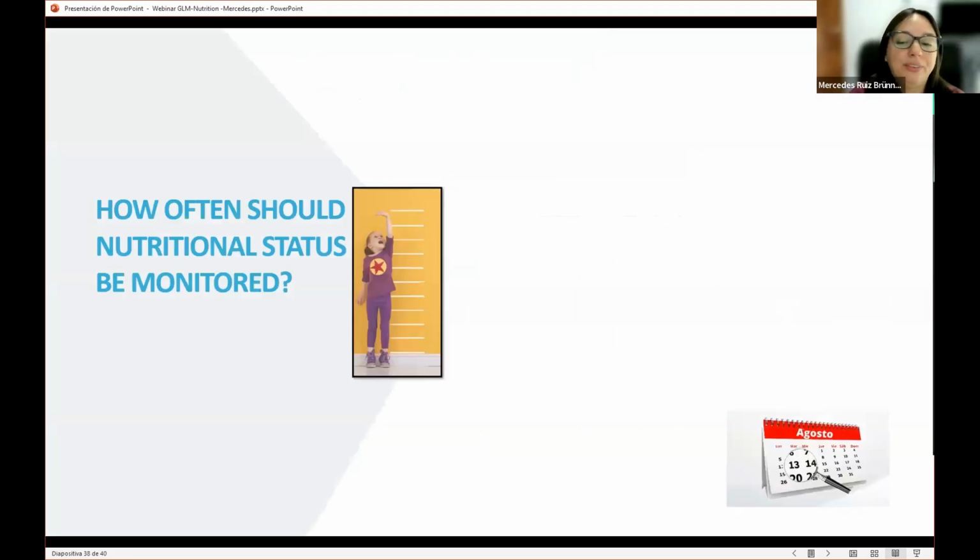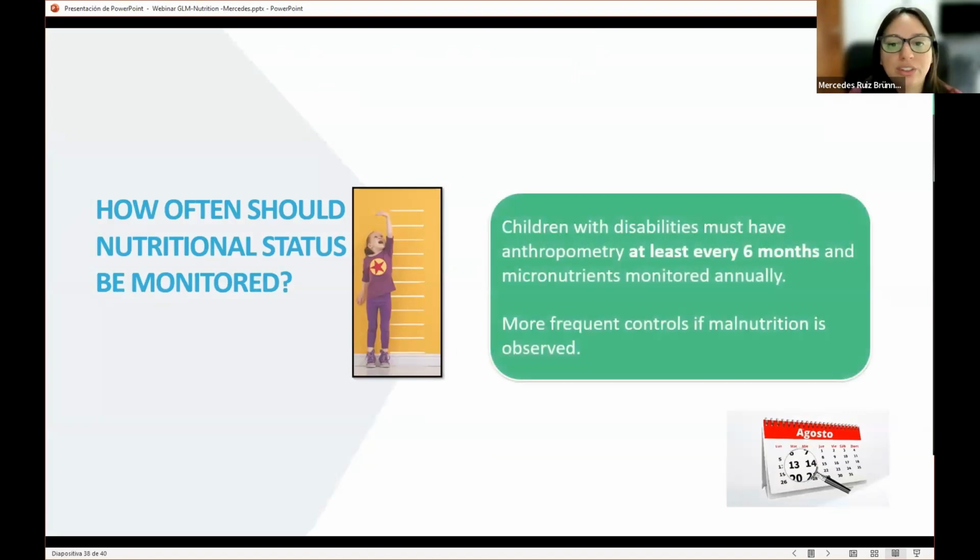And one of the last questions is, how often should nutritional status be monitored? In children with disability, this is from the ESPGHAN recommendation, they must have anthropometry measurements at least every 6 months and micronutrients monitored annually.